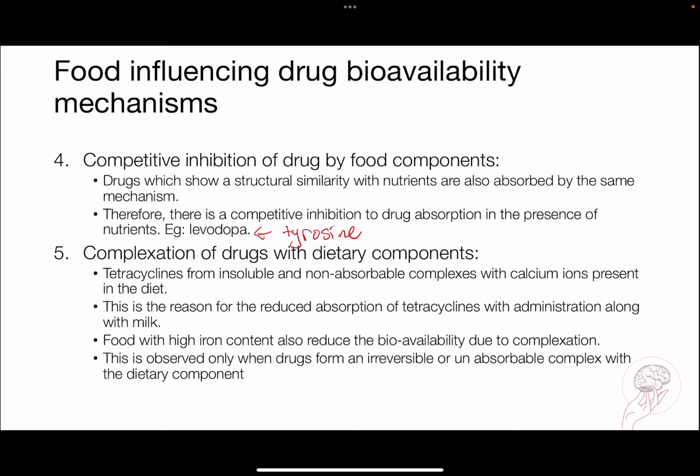This is why we don't recommend taking tetracyclines, which are antibiotics, with milk. In fact, tetracycline is one of the antibiotics used for the treatment of acne. Food with high iron content can also reduce bioavailability due to complexation. And this is observed only when the drugs form an irreversible or unabsorbable complex.